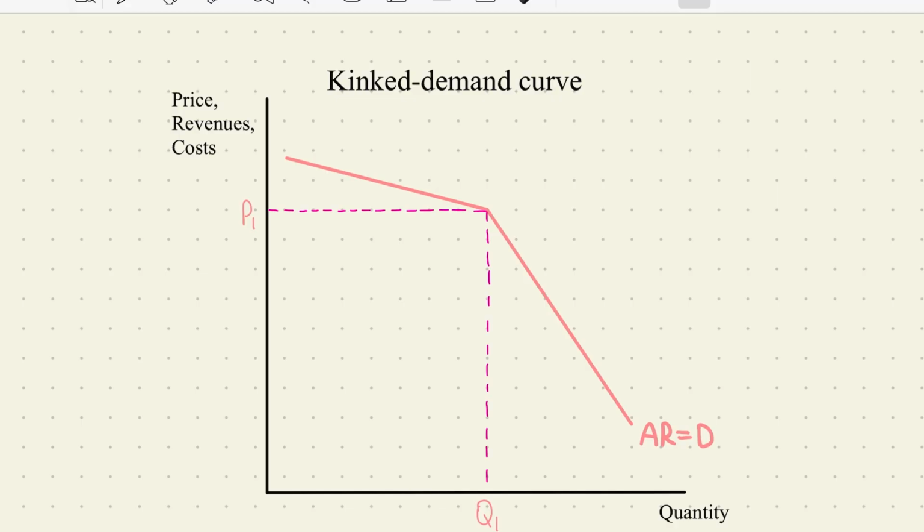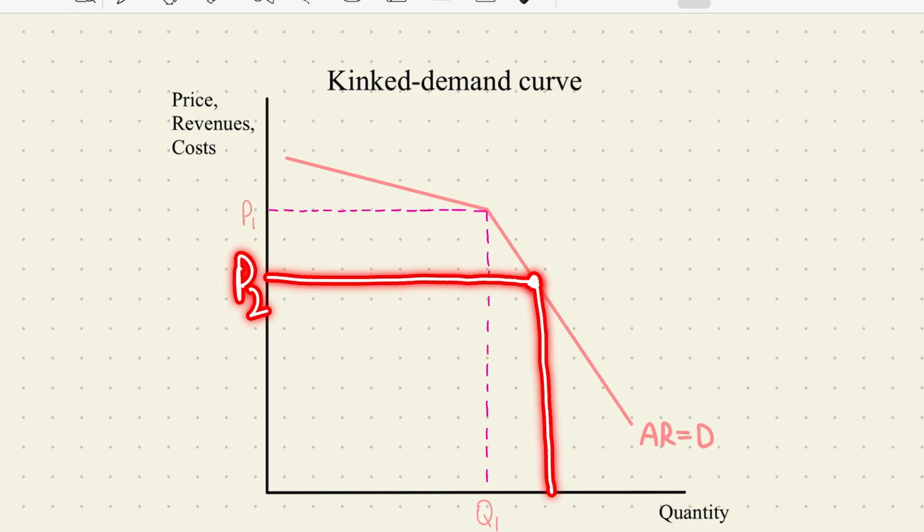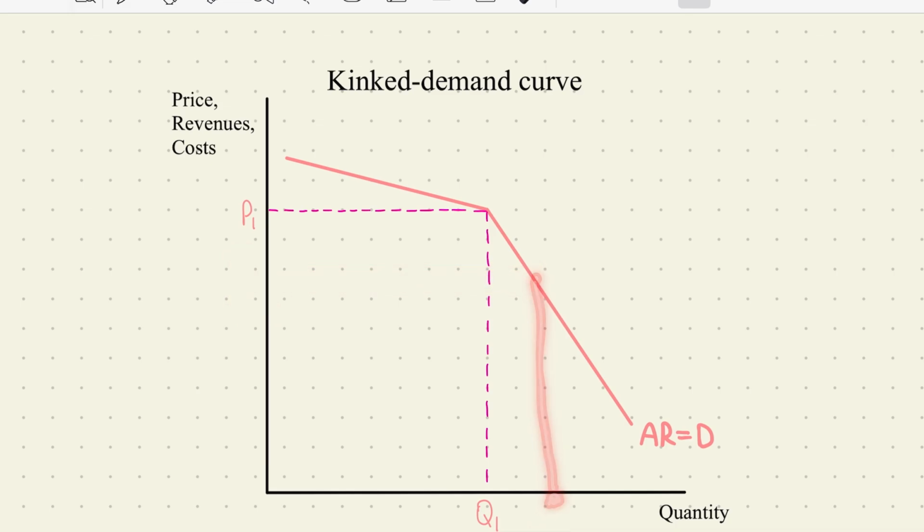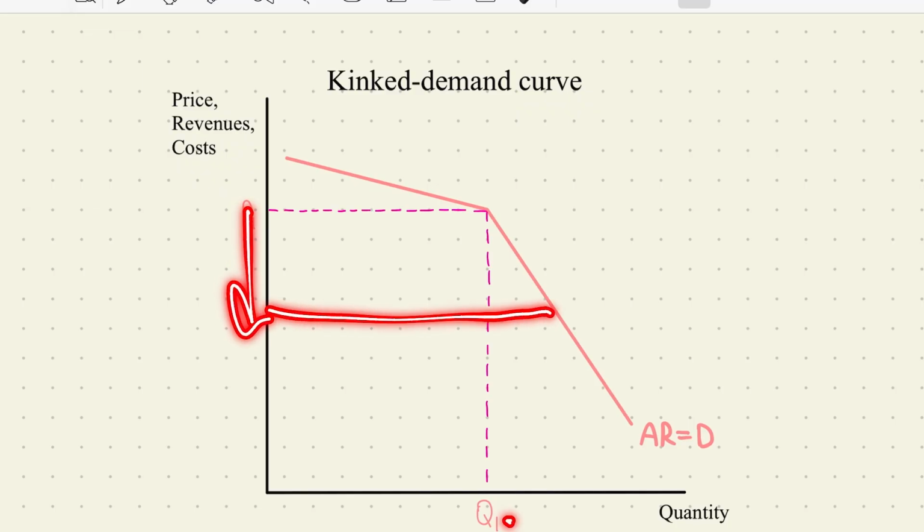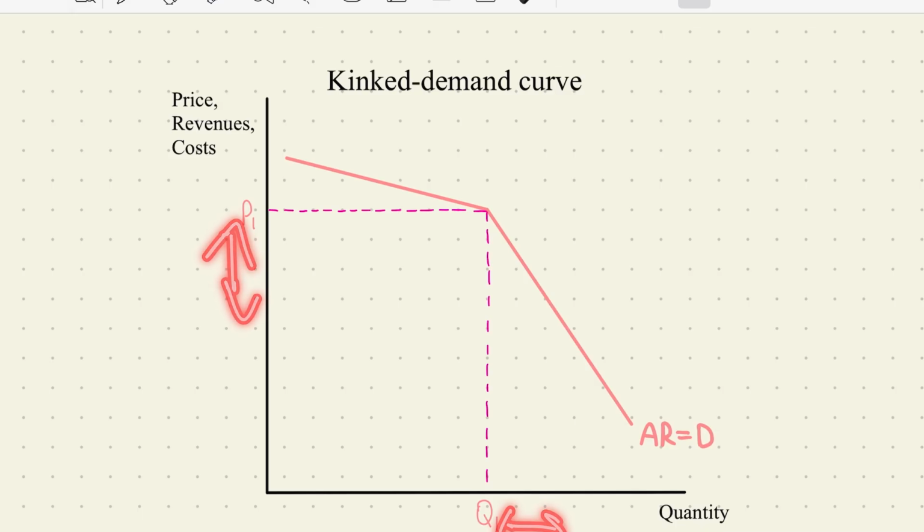But let's say a firm is at this point and they decide to lower their price. They lower their price to P2 and they capture this much more demand. But we see that the shift in quantity demanded is this much, right? So they lower their price much more. So the gap here is much greater than the change here.